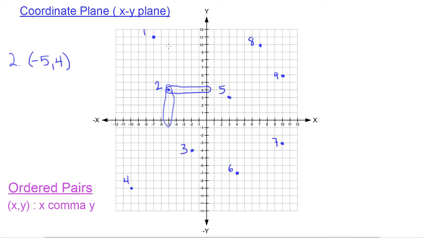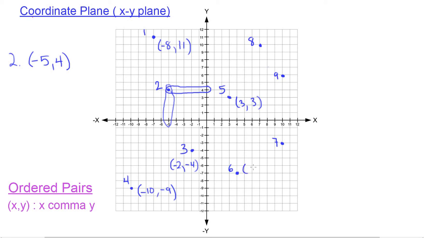So feel free to pause the video and solve the rest. I have this first point, number 1, that's a -8, 11. Number 3, I start with X, so X goes out to -2, -4. Then this next point, -10, -9. The next point, X is 3, Y is 3, 3.